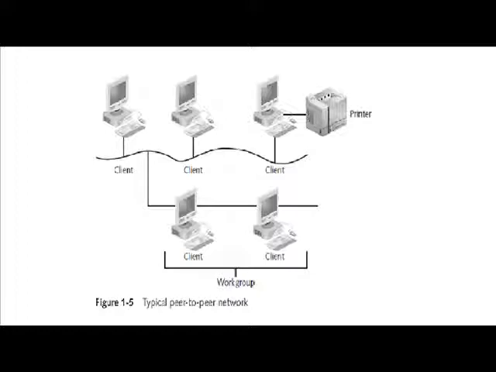In this type of network, all computers are equal in stature. There is no one that stands out above any of the others. Any one of the computers can serve all of the others, all or some of the others.